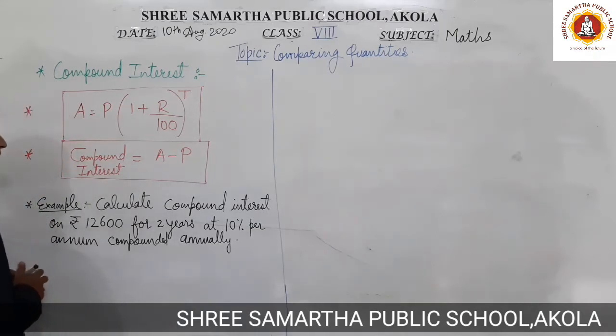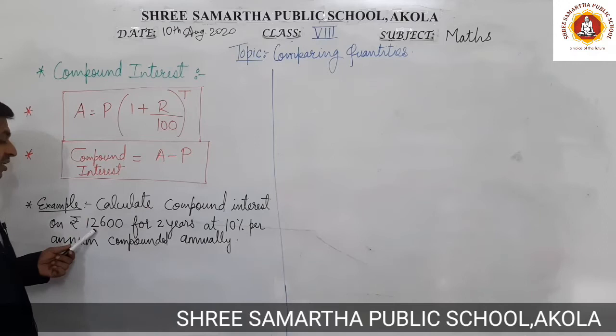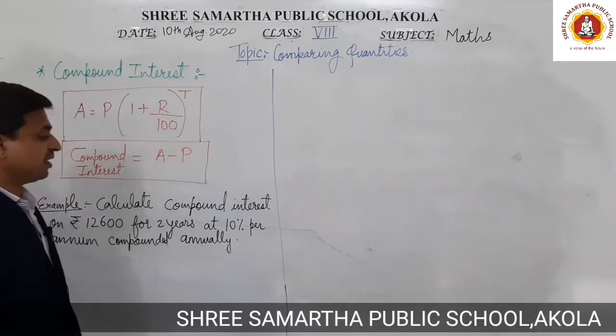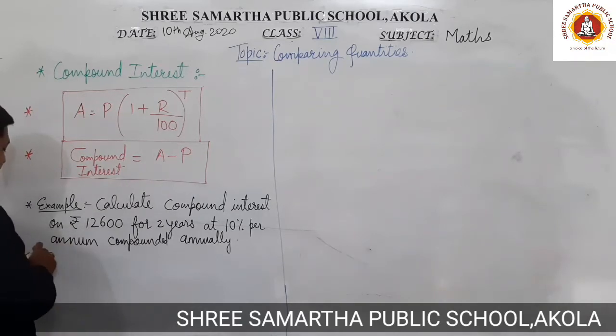Now see dear student, calculate the compound interest on rupees 12,600 for 2 years at 10% per annum compounded annually.